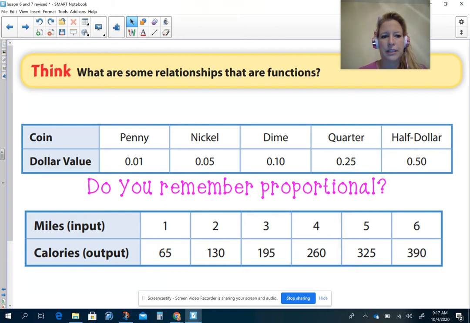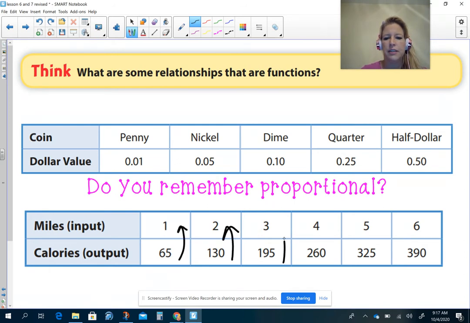Miles to calories. Each time I run a mile, I burn a certain amount of calories. Each input has one output. This is functional.